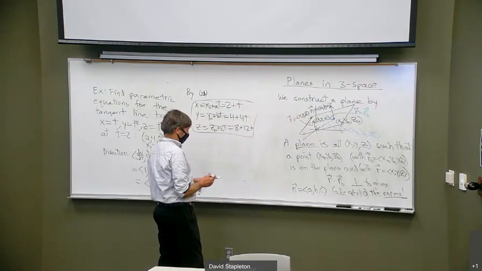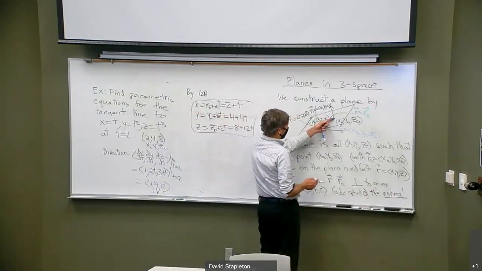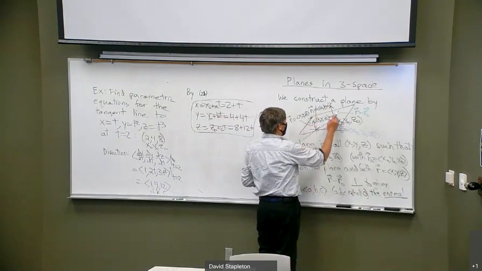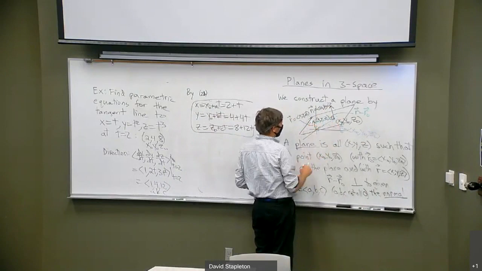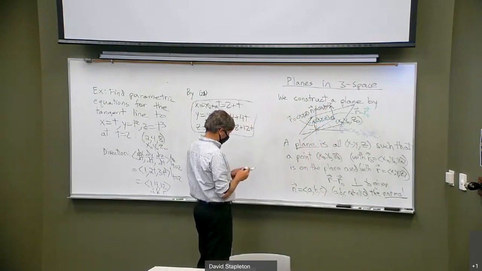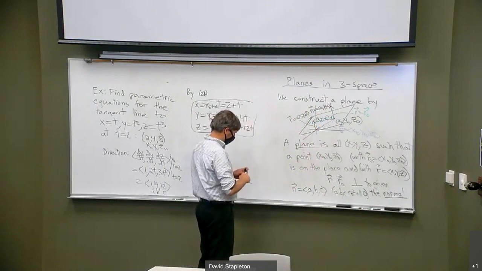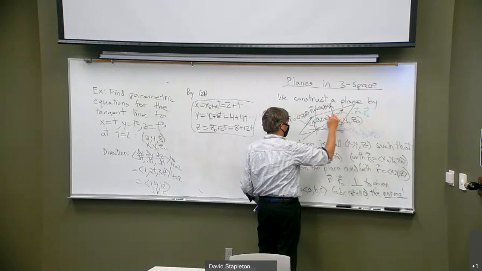And what this is saying is that it's the set of all x, y, z such that the given vector n is perpendicular to the vector from the point that you know is on the plane to the point you are checking. If those are perpendicular, then this is a point on the plane. So the idea is, this one is perpendicular to the normal, but this is not a point in the plane because these are not perpendicular.